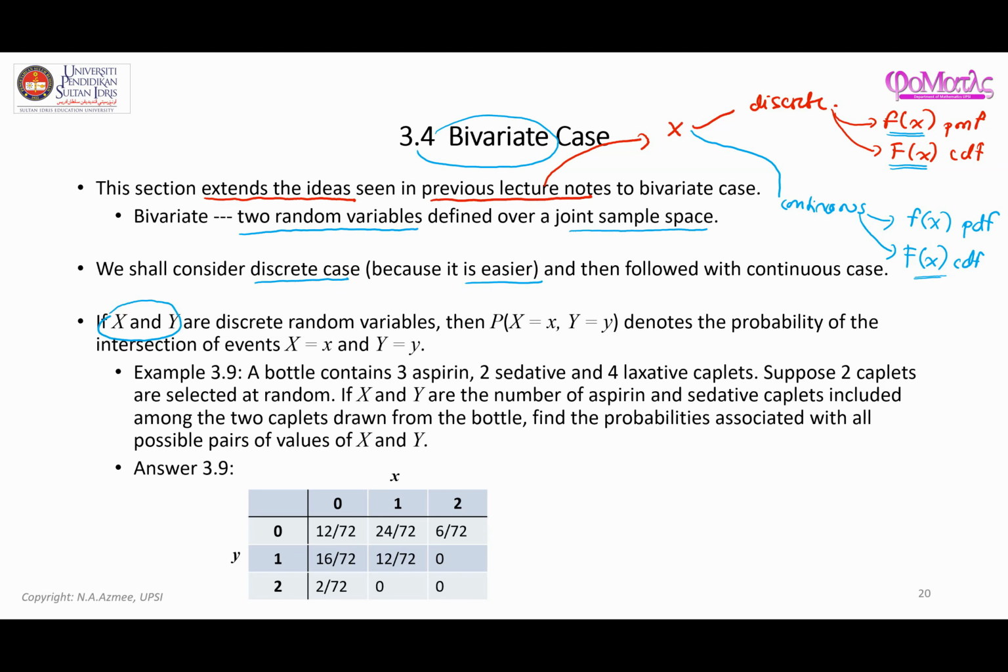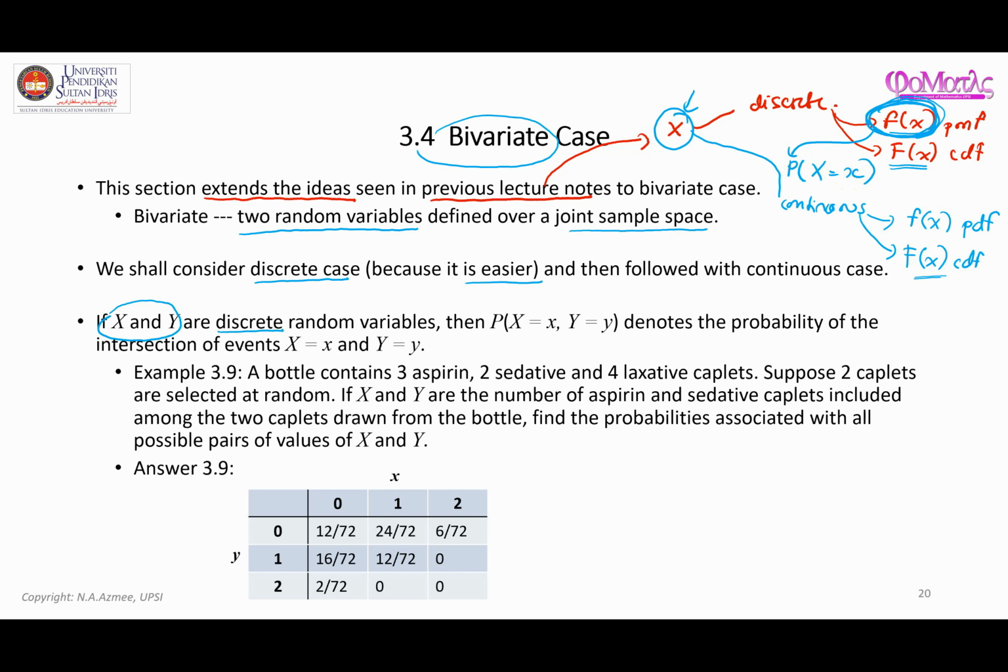So in the case of bivariate random variables, we have two random variables that can be defined as x and y. They are both discrete, and therefore for our probability distribution, if x is only one random variable, then we have f(x), which in the discrete case is just the probability that x is equal to a certain value.